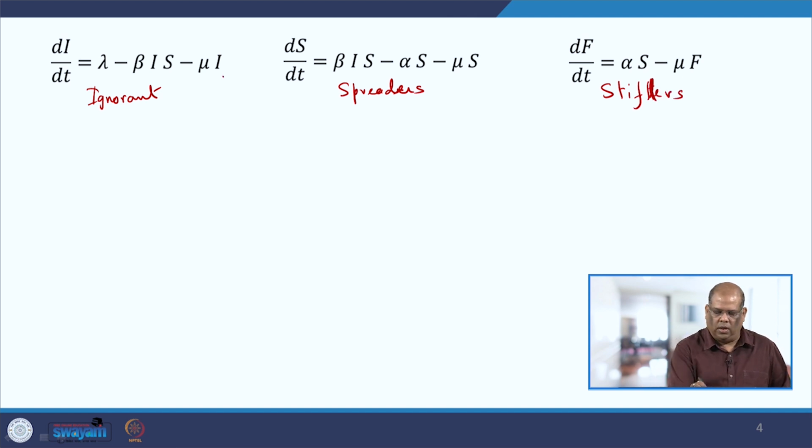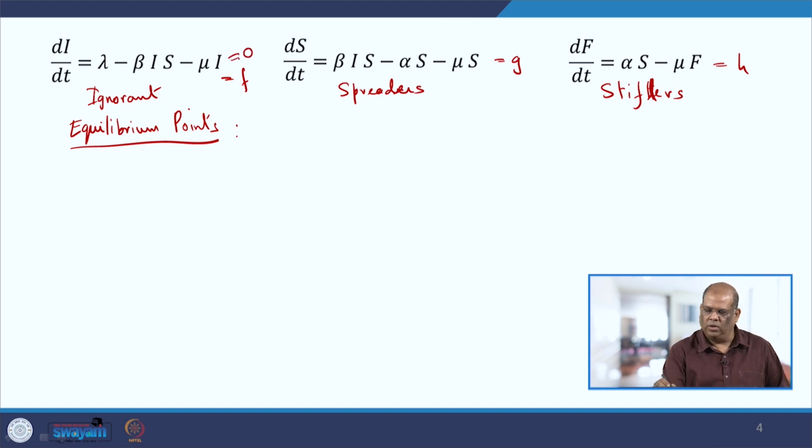Let us call these f, g, and h. The very first thing is we find the equilibrium points. So, we put this expression equal to 0, this expression equal to 0, and this expression equal to 0.